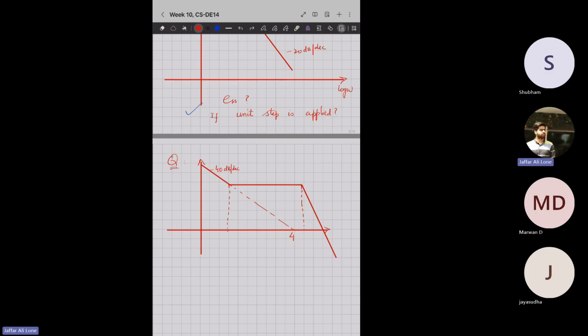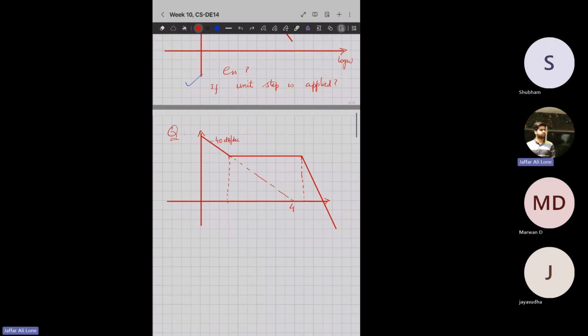And this is given as minus 40 dB per decade, and you have to find the acceleration error coefficient. So we have to find the acceleration error coefficient.